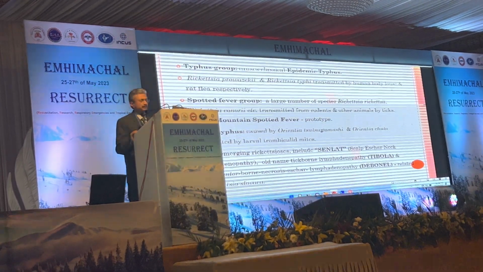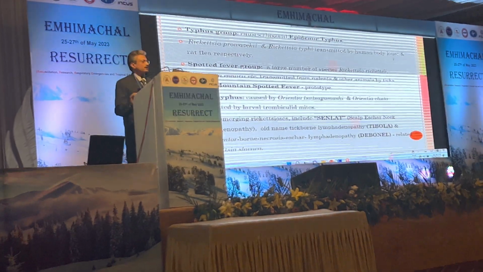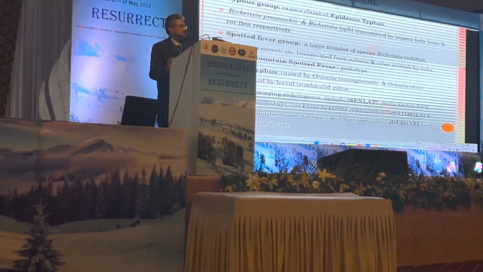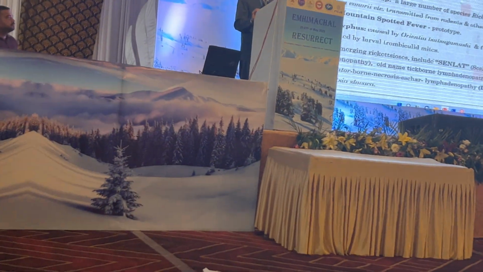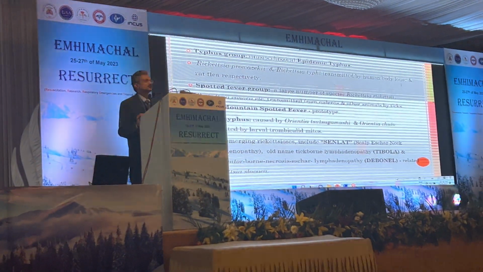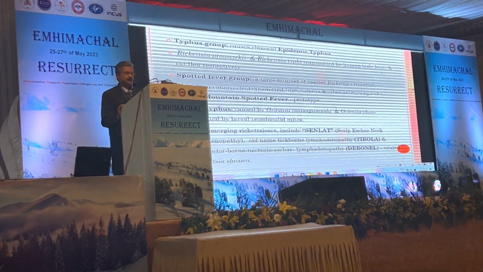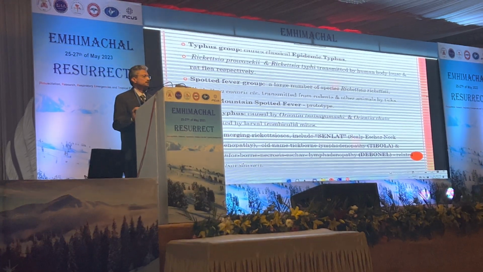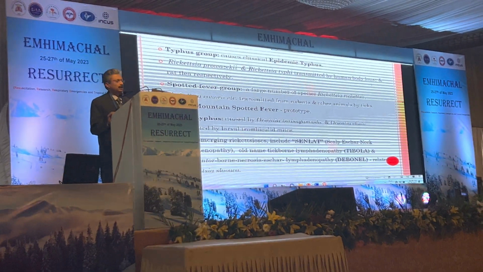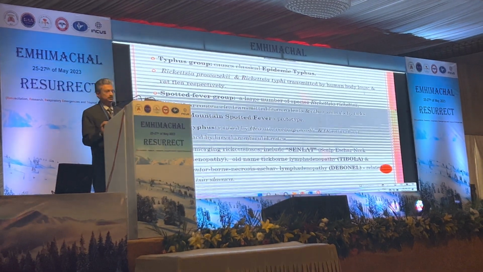So now it has been classified broadly into the typhus group. The prototype is classical epidemic typhus, and there are two organisms, Rickettsia prowazekii and Rickettsia typhi, transmitted by human louse and rat flea respectively. The other group is the spotted fever group. There are a large number of organisms clubbed together in this group.